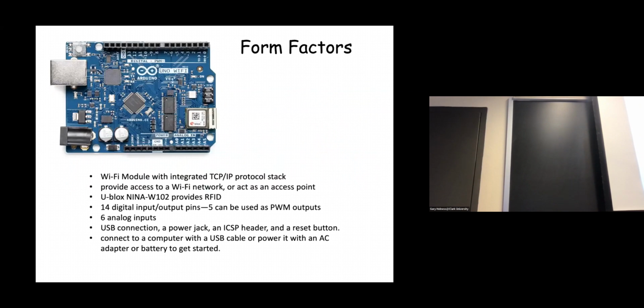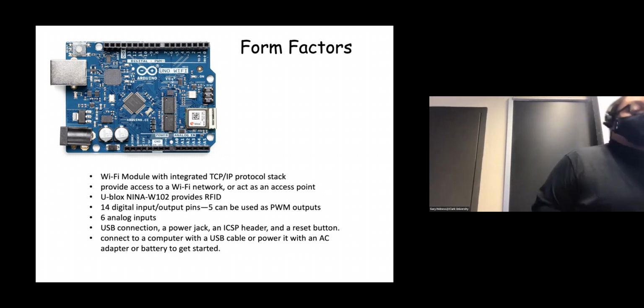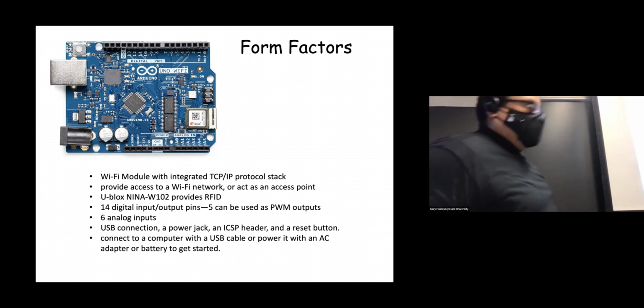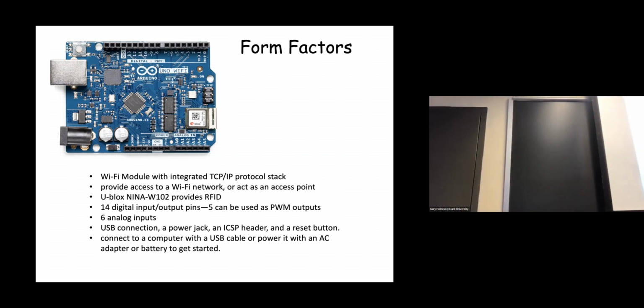So where we last left off, we talked about the Arduino board, and we talked about different form factors. The reason for that is that when you're doing any kind of hardware design, system design, you want to choose the right platform for your application. Some applications warrant a lot of I/O, like we saw with the Arduino Mega. Some warrant a very small physical size, so you might want the Nano.